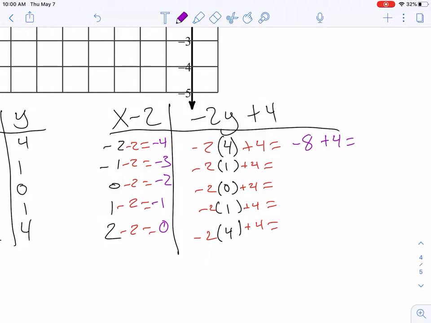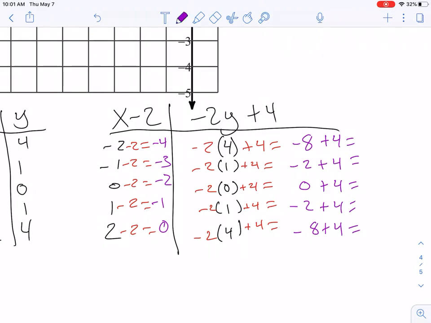Negative 2 times 1, negative 2 plus 4. Negative 2 times 0, 0 plus 4. Negative 2 times 1, negative 2 plus 4. And negative 2 times 4, negative 8 plus 4. So all I did was work out each one of these. I've been multiplying and then adding just in my head in one step, but this helps you see the steps.